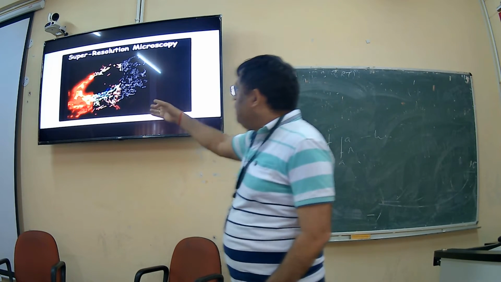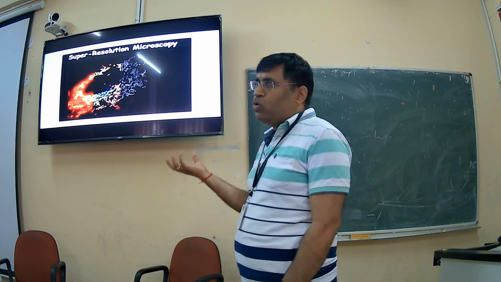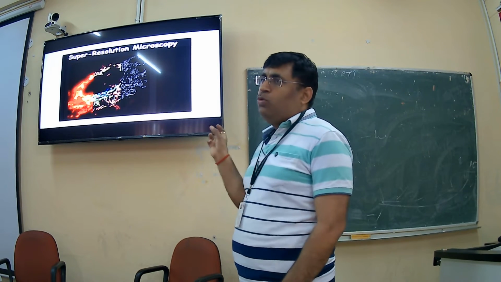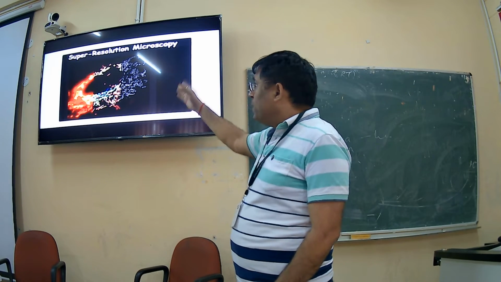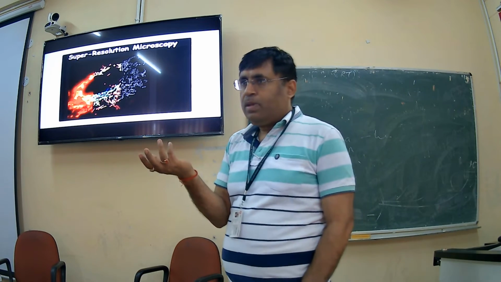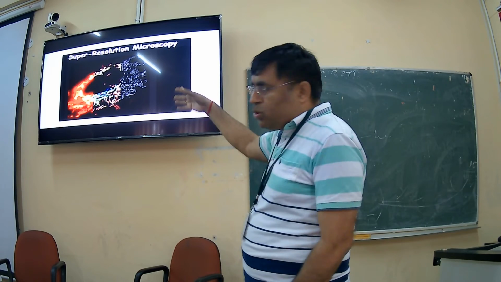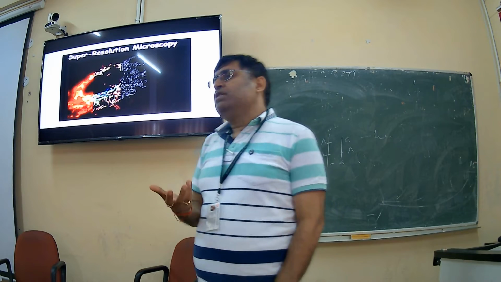So there are three pictures you can see. The first picture is the image from confocal microscopy, at a very zoomed level. The second is super resolution microscopy, where you can see each particle at a separate level. And the third is also the same thing, where it will improve the resolution of this one.